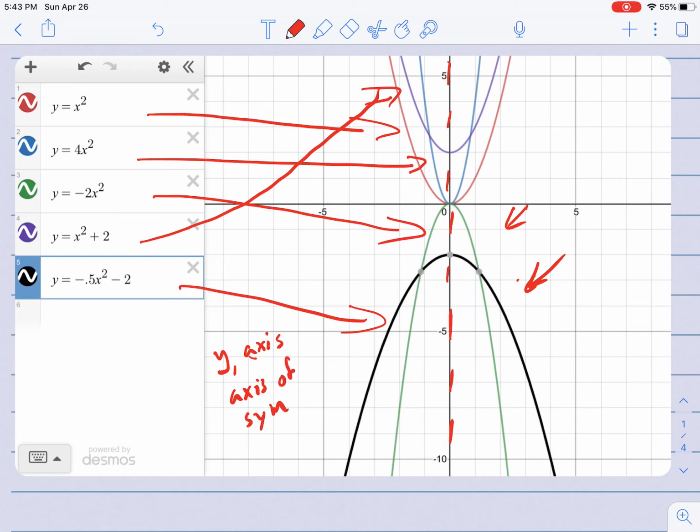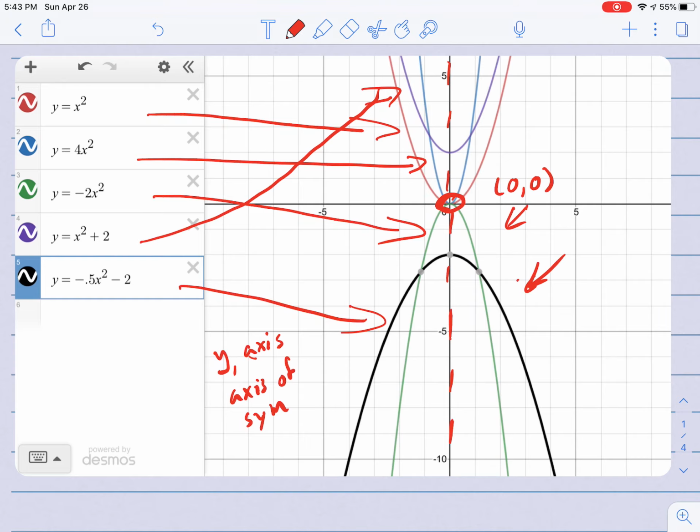Okay, and additionally, with the exception of the black and the purple, all of them have the same vertex right here at 0, 0. So the vertex for any quadratic that has no b or c value is always going to be 0, 0. So now if ever you're given a quadratic function and asked to determine if it is a maximum or minimum, and what the vertex is: if it is positive a, it's always going to be a minimum.